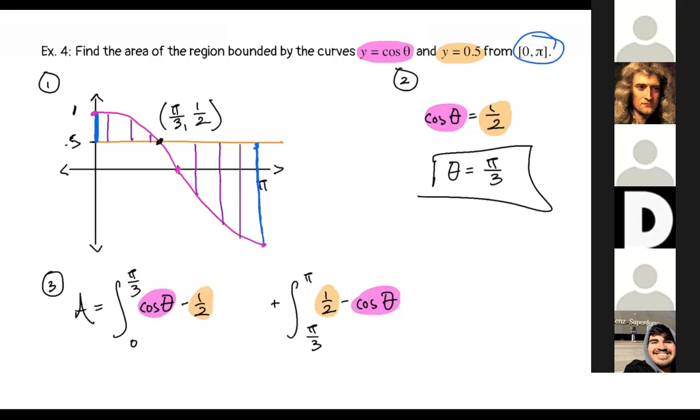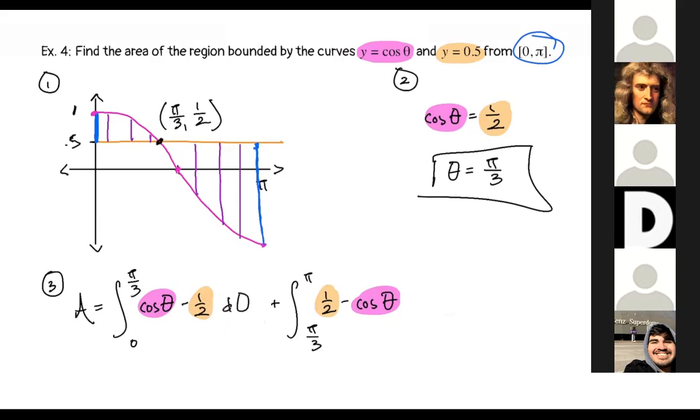Now, what do I write here at the end? D theta, love it, love it.